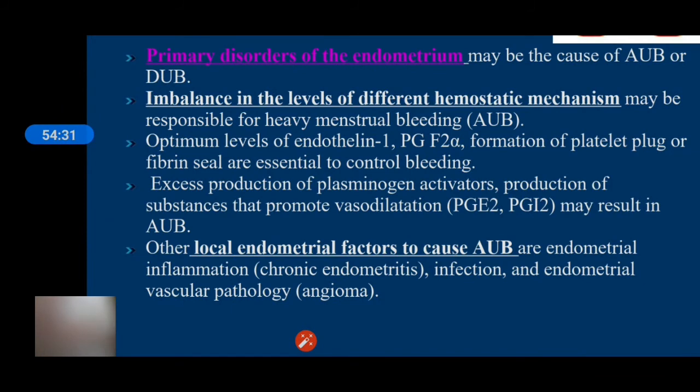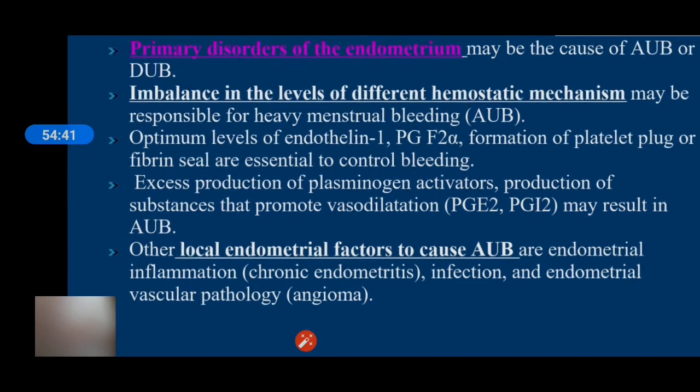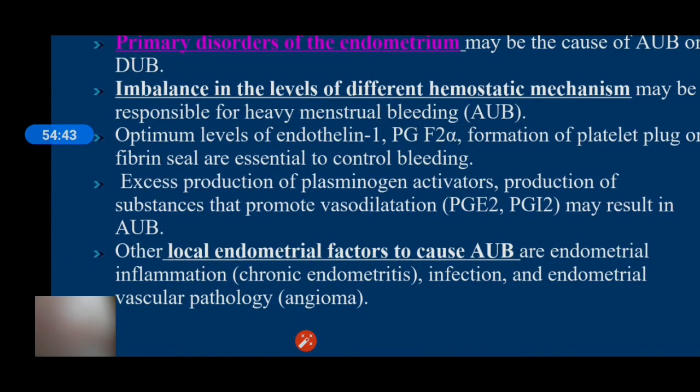So excess production of plasminogen activators, and production of substances that promote vasodilatation like PGE2, PGI2, may result in AUB. Whenever plasminogen activators are produced in excess quantity, or prostaglandins like PGE2, PGI2, which help in vasodilatation, are produced in excess amount, that may lead to AUB.